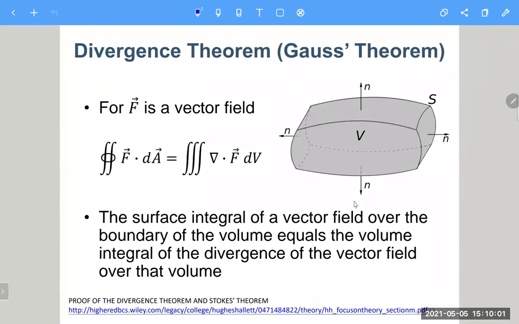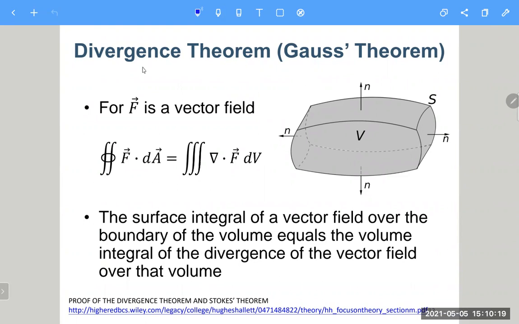Okay, so this is some definition for the divergence and the curl. And here we will introduce two theorems. One is called the divergence theorem, also known as the Gauss theorem.